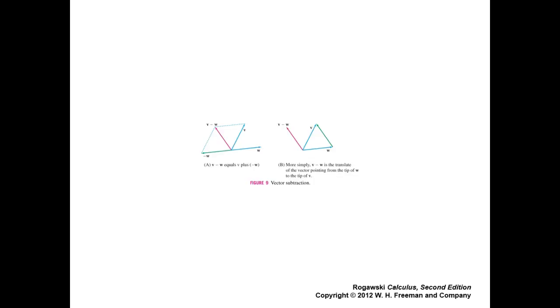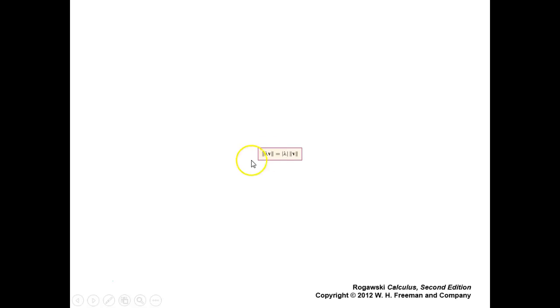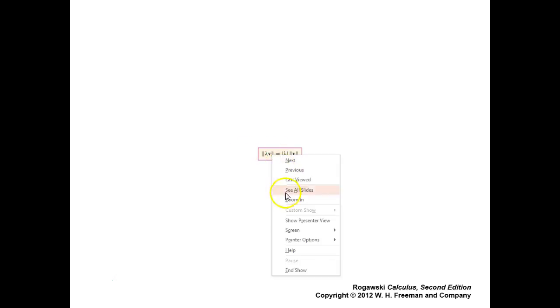Now, that leads to this expression. Basically, this is the thing I just said, but they said it on the previous page, and now they're saying it on this page in a box. The magnitude of a scalar times a vector, lambda V, where lambda is a scalar and bold V is a vector, would be the absolute value of lambda multiplied by the magnitude of V, because magnitudes are always positive.